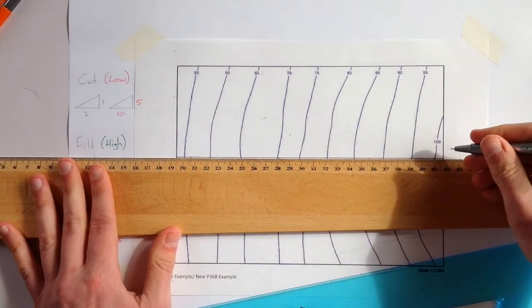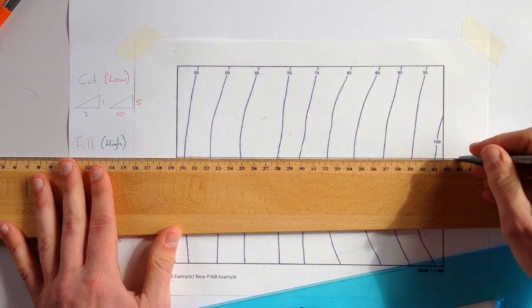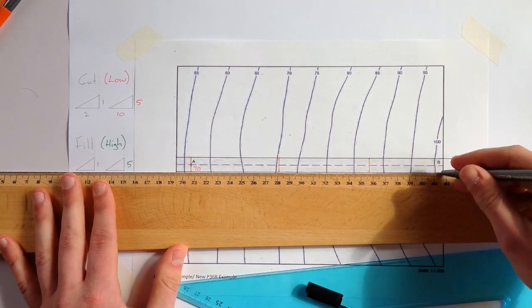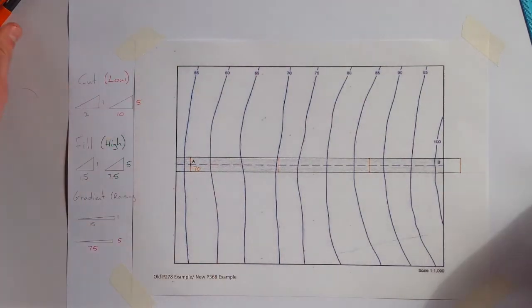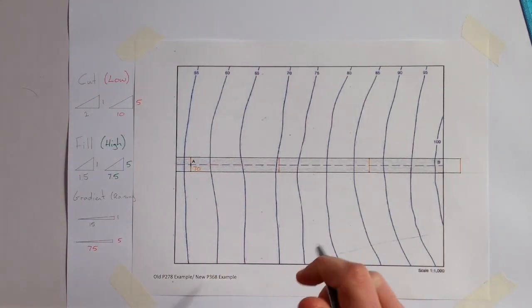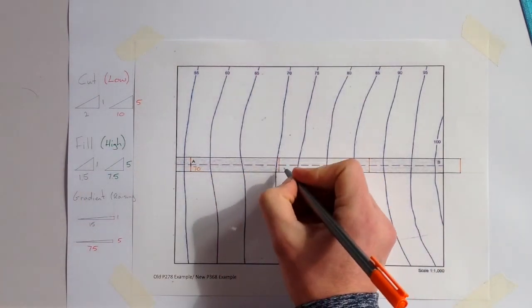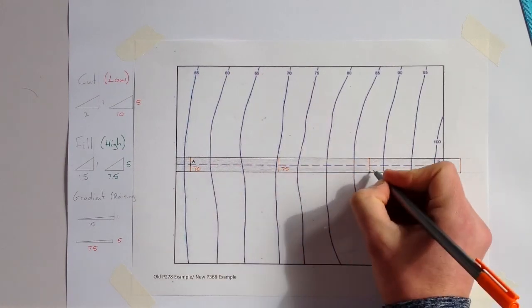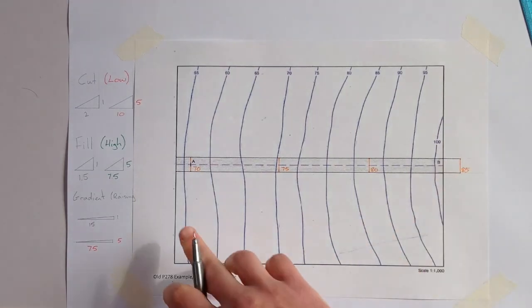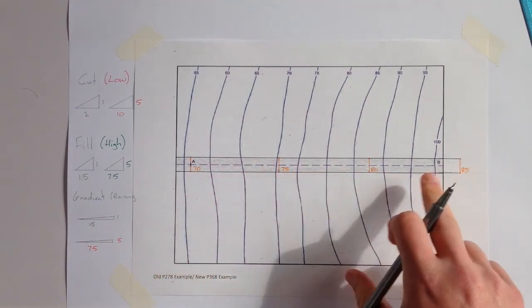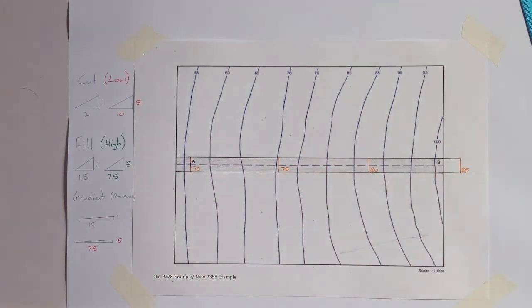So my road comes out to here and to here, and then I would just have a slightly longer road. But that's not something to worry about. Now because the gradient is rising, I have 75 here, I have 80, and then I have 85, because it's rising at each one of the intervals that we're looking at.